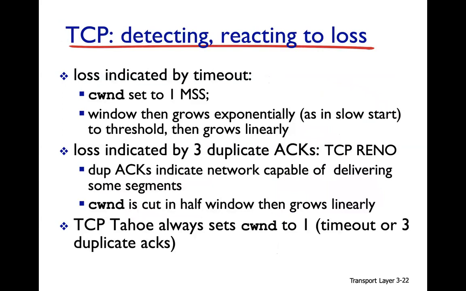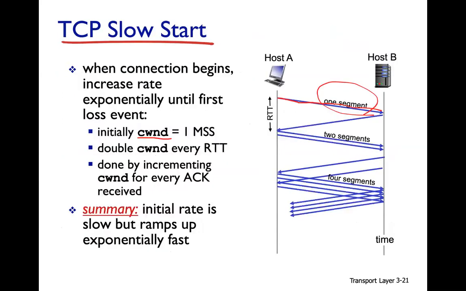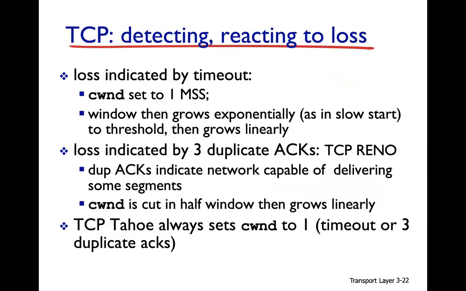How do I detect and react to loss? The loss may be indicated by a timeout. Then I will set my congestion window back to 1 segment, and do slow start again. Another way is loss indicated by 3 duplicate ACKs.